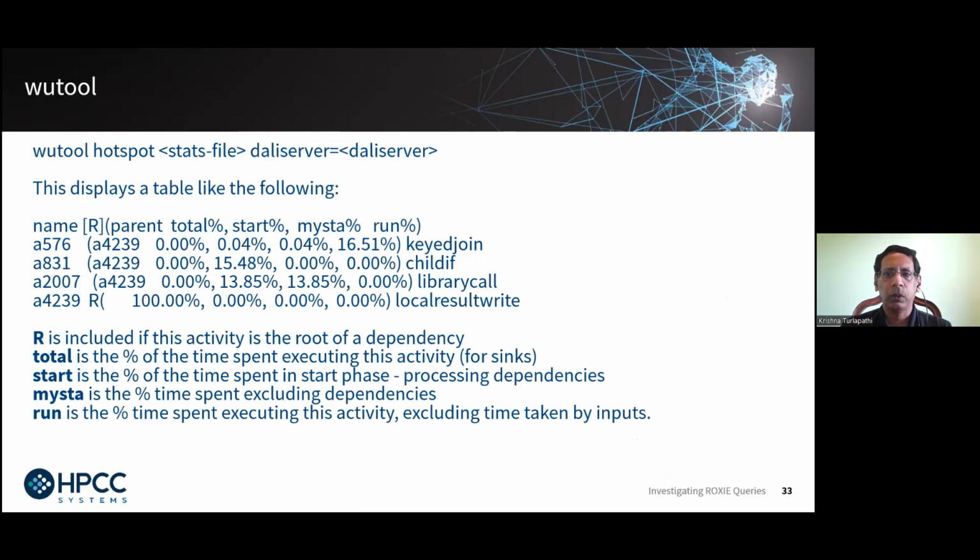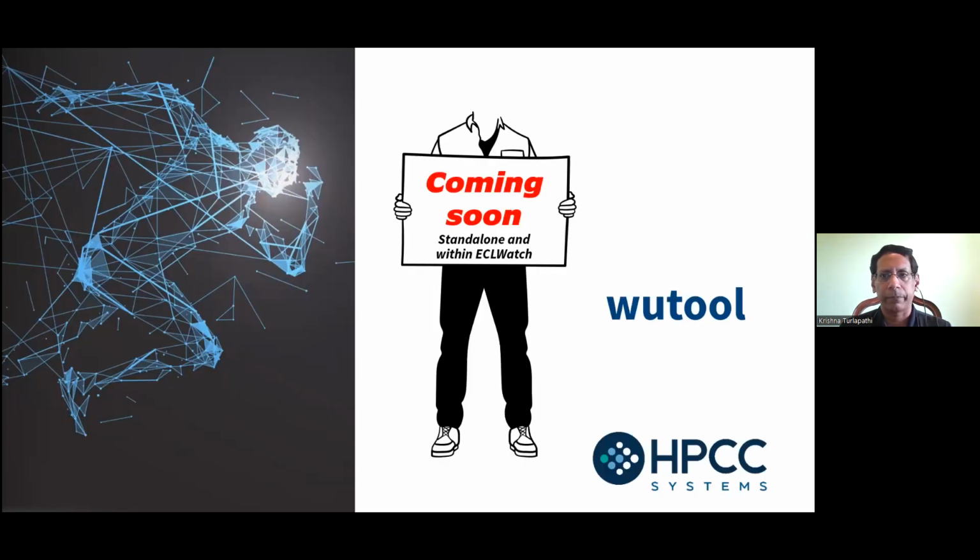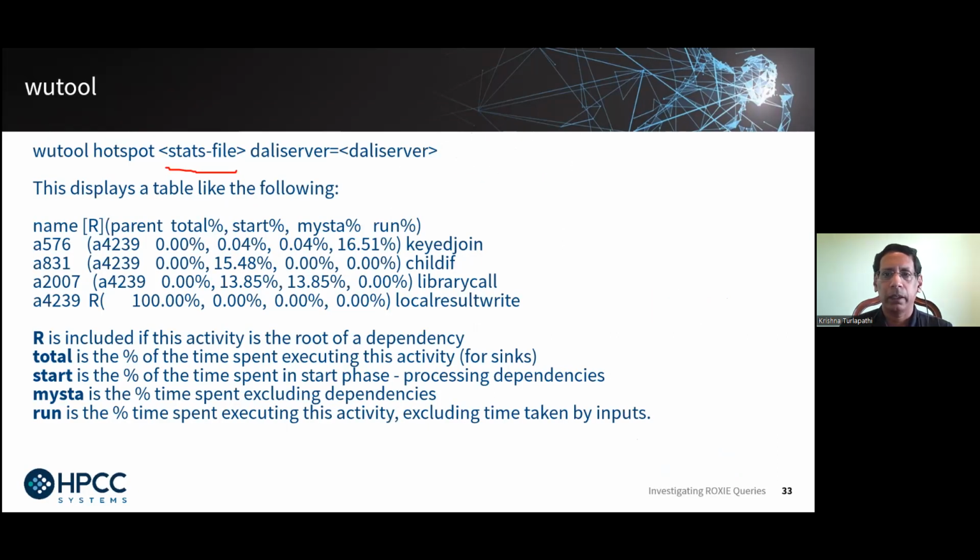You can run the Woo tool on the stats file that you created in the previous slide, which, if you go back, is the stats file you have created. You can run it by running the Woo tool hotspot command on the stats file and specifying the Dali server. This will give you a tabular output.